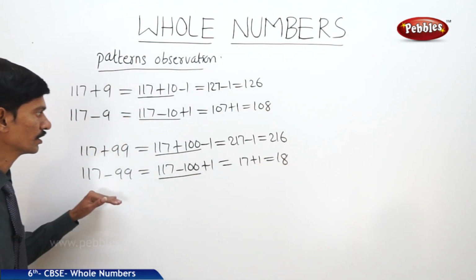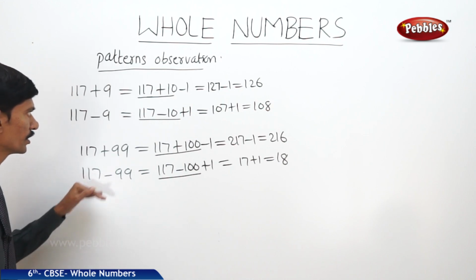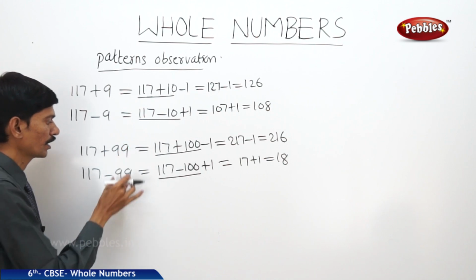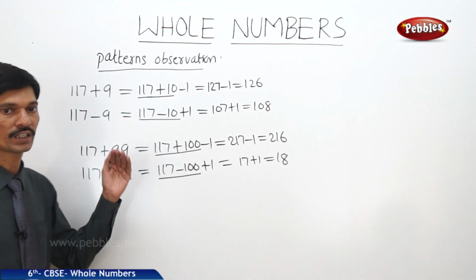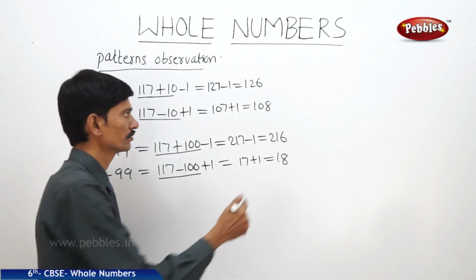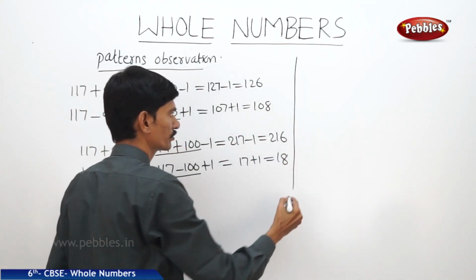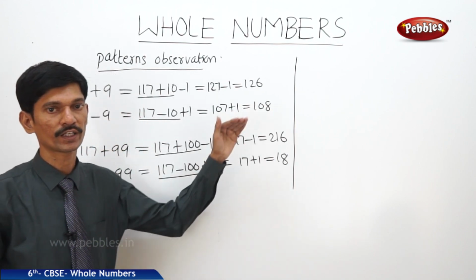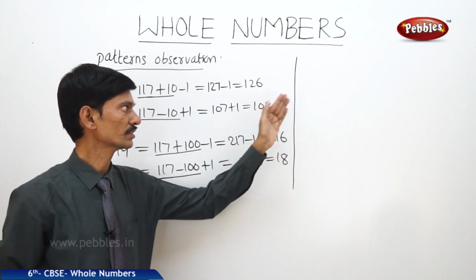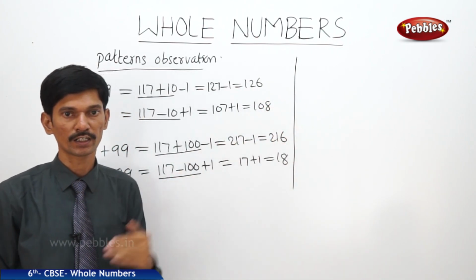So we can use the simplifications easily by writing while adding 99, 999, or while subtracting 99 and 999 to the given number. Now we can use also the distributive property while multiplying any larger number by numbers such as 9, 99 and 999.